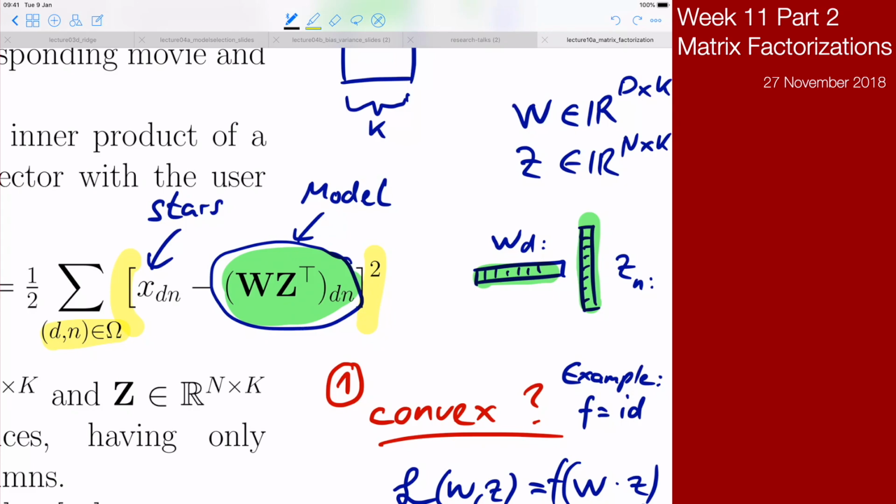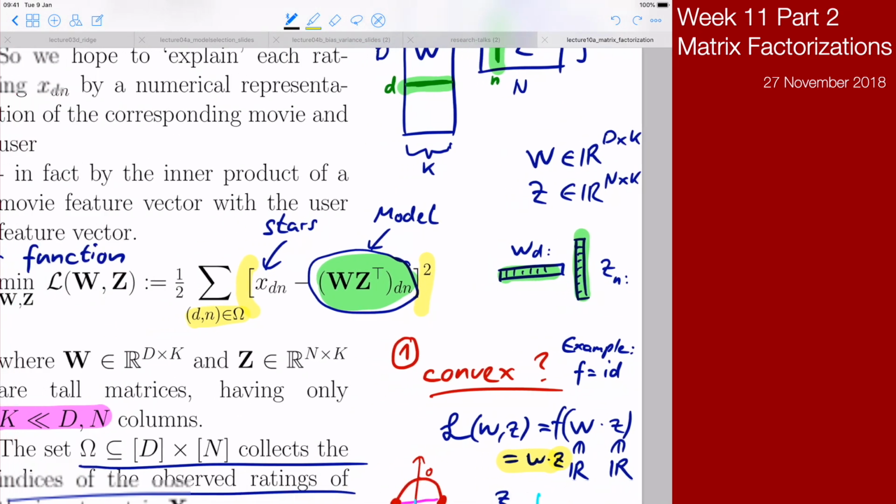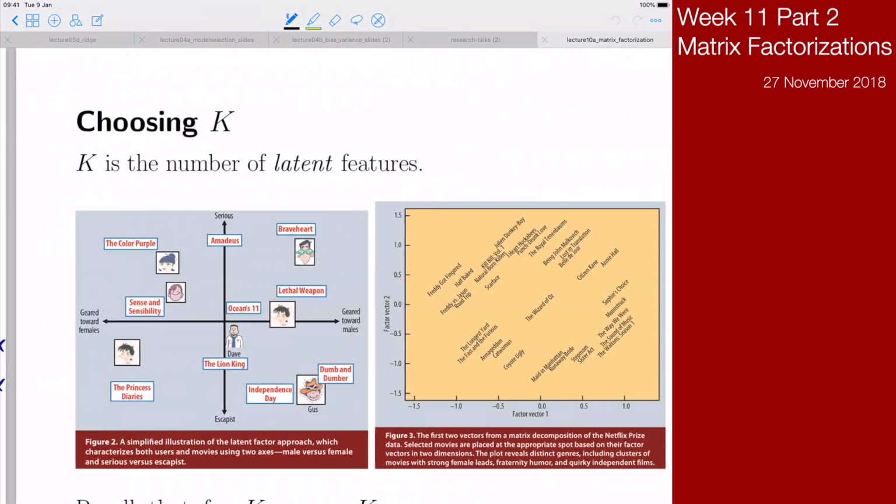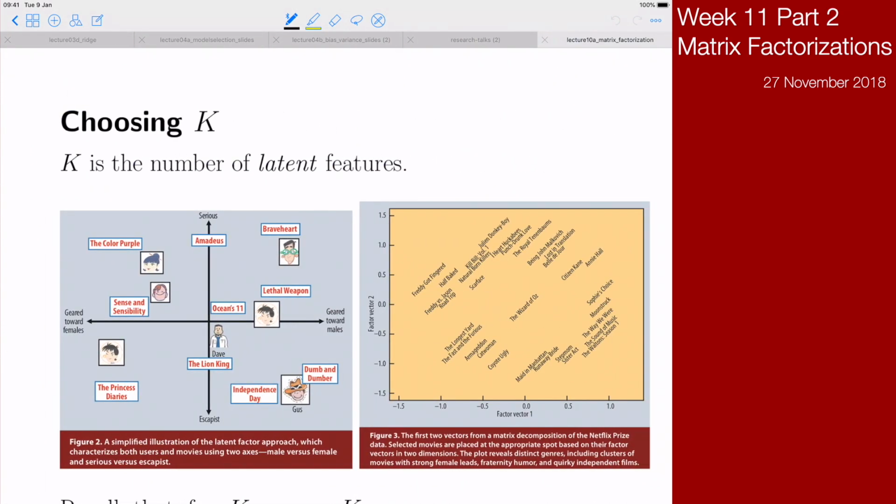And for every user, I also have this column of Z transpose, and that's the features for each user. And they get multiplied, and together they form what we think how many stars they would get, 1 to 5. So user features and movie features, that's this concept. That's just giving another name to these W matrices and Z matrices.